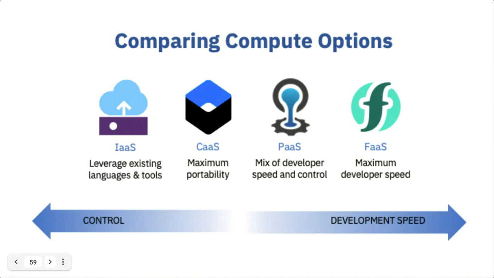So when we're talking about IaaS, we're talking about things like VMs, IBM Cloud's virtual server for virtual private cloud. When you're working with virtualization and virtual machines, this is going to give you the most control.